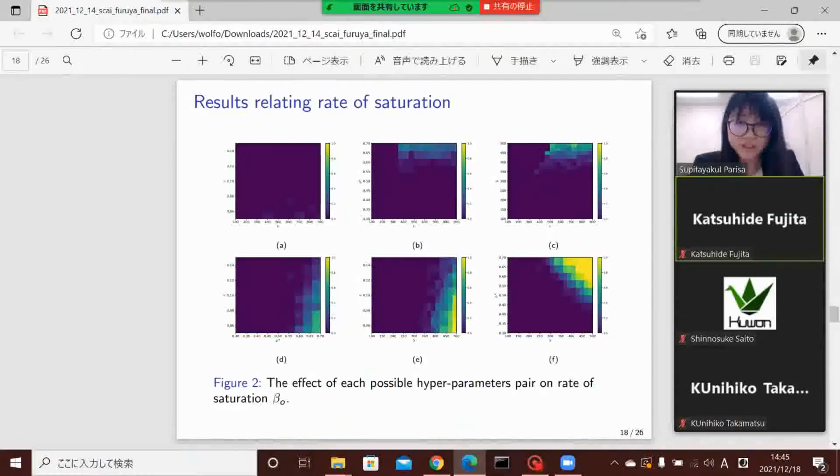Here we can see in figures C and E, they have some yellow part in the corner of the figure.